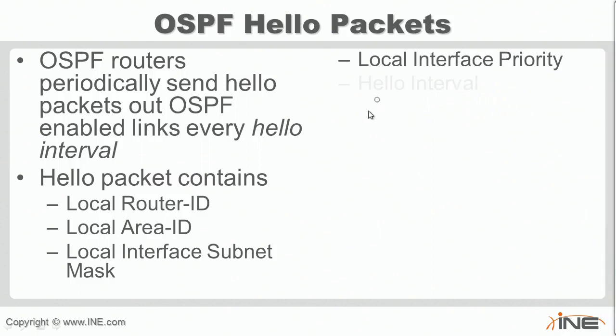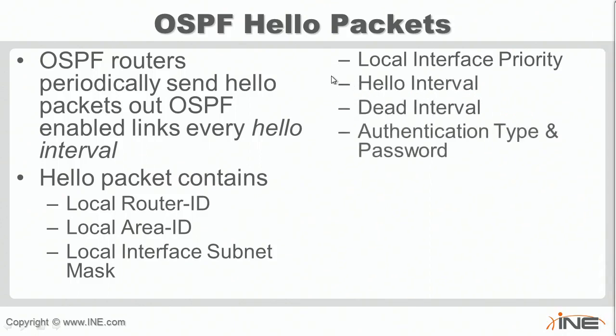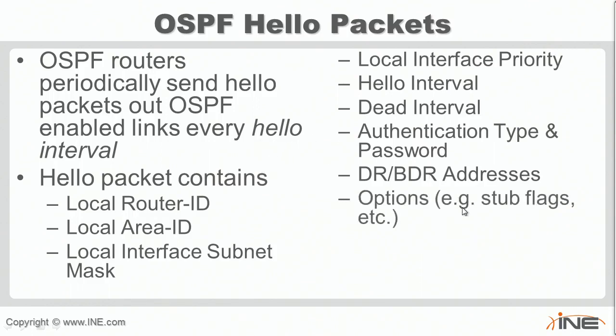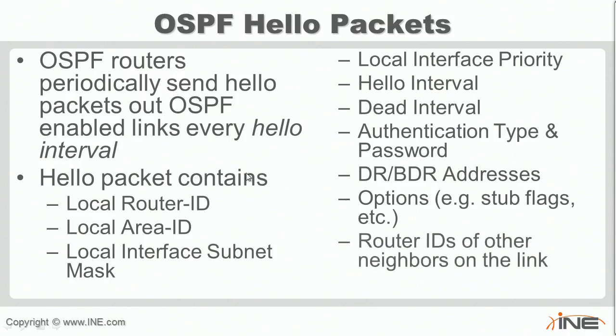What are the timers of the hello and the dead intervals? What's the authentication? What's the designated router or backup designated router's addresses? What's their IP? Then other additional options like the stub flags, which would be for filtering. And then the router IDs of other neighbors on the segment. This last one is going to be important when we actually establish the adjacency.